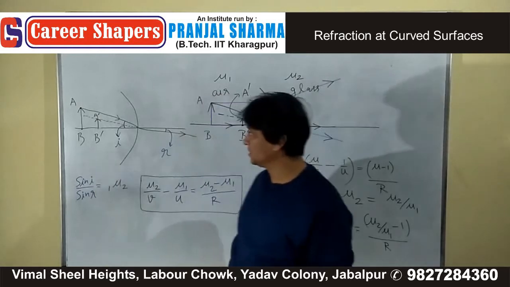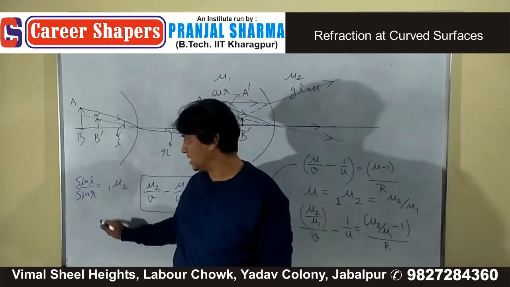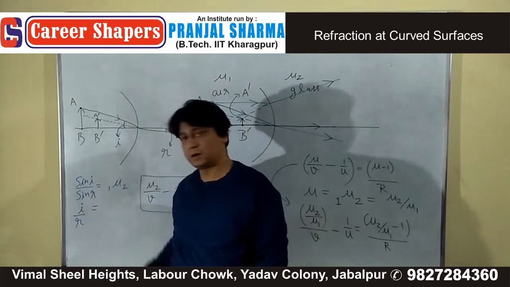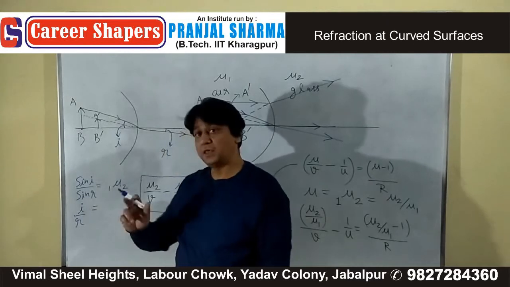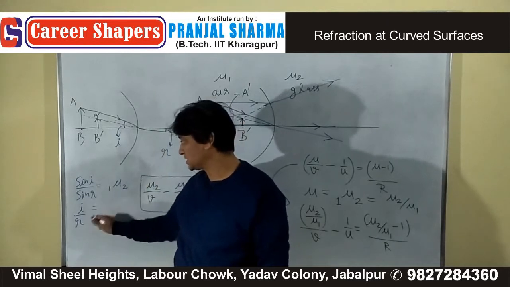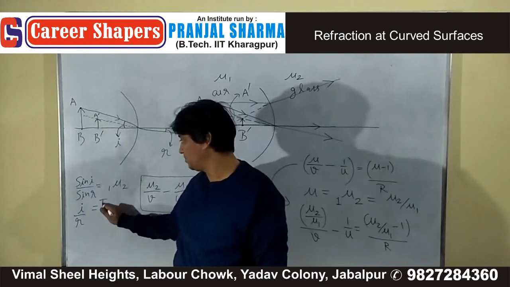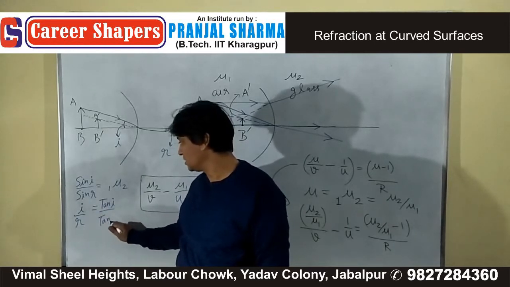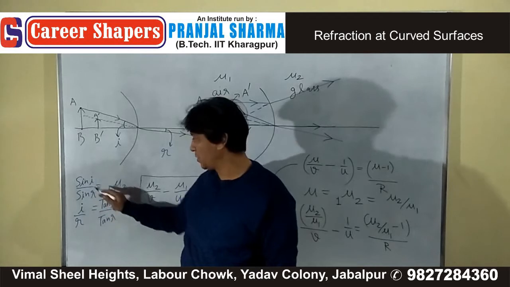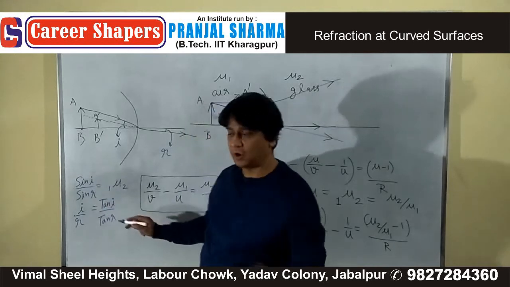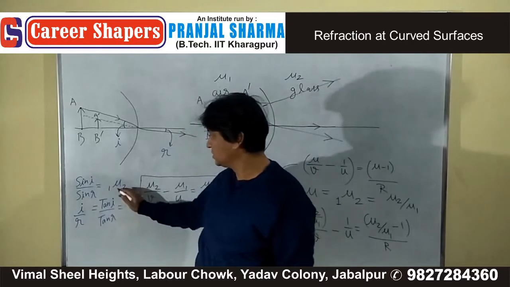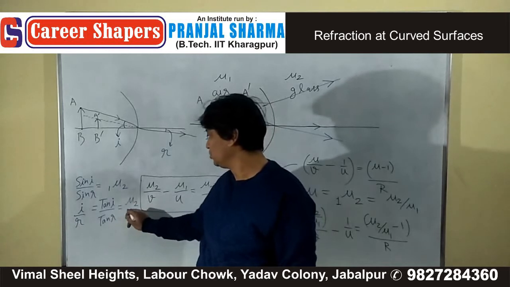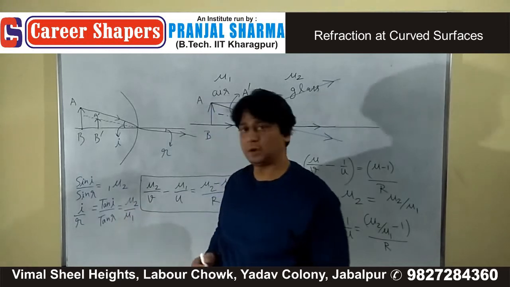Now, for small angles, this sine I upon sine R can be approximated with I and R. And then again, for small angles, this I and R can be approximated with tan I and tan R. So your sine I upon sine R ultimately becomes what? Tan I upon tan R for small angles, which is the refractive index of 2 with respect to 1, and you write it like mu2 divided by mu1.